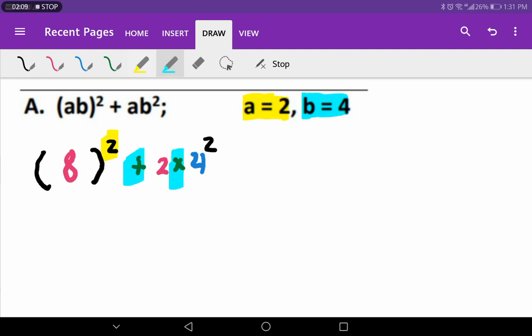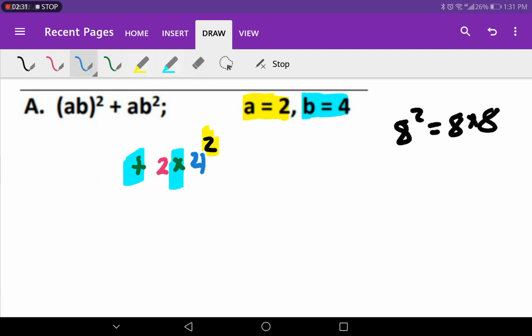But teacher, we have power here. Okay, so we start from left to right, my dear student. So 8 square is not 8 multiplied by 2. Some students do that. Don't do that. 8 square means 8 multiply 8. So 8 square is 64.